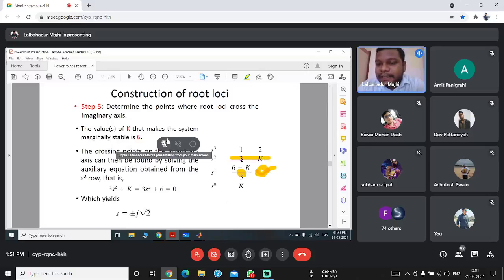So this will be 3s square plus k, and we have determined that our value of gain k is 6 for marginally stable. So 3s square plus 6 equal to 0. From this equation we can determine the value of s equal to plus minus j root 2. So at this point it will cross our imaginary axis.